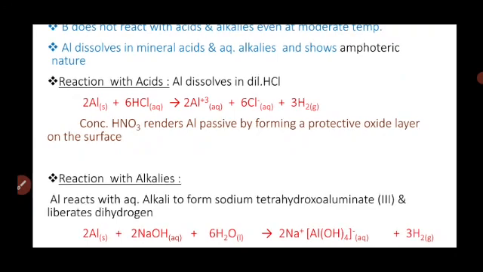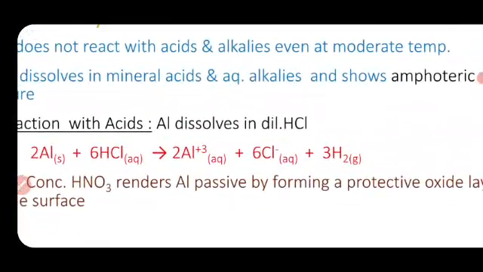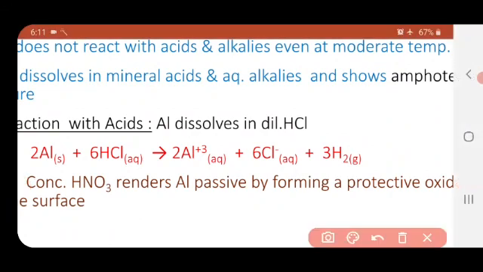Okay, so reaction with acid: aluminium dissolves in mineral acid, that is dilute HCl. Al plus 6 HCl gives, now here aluminium behaves in ionic form. AlCl3 is formed, that is Al3+ and 6 Cl-. So it is in the form of ions. Now after combining these ions, you can find it will form AlCl3 plus hydrogen gas.